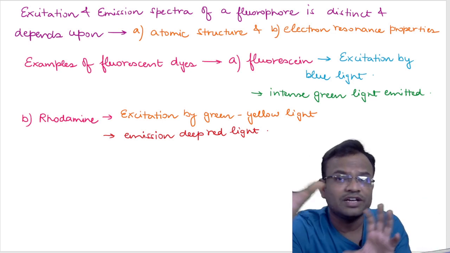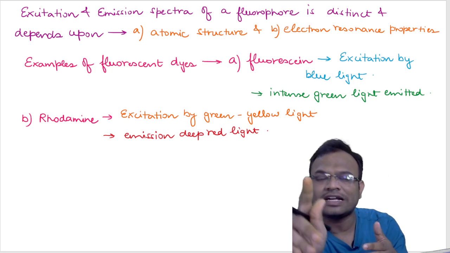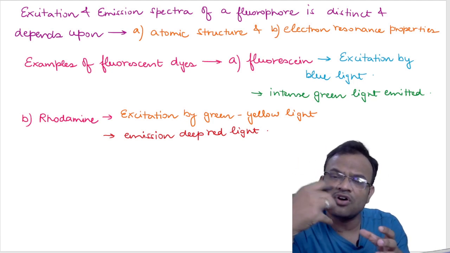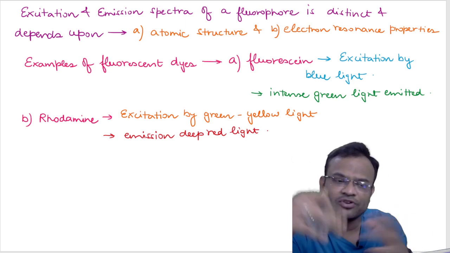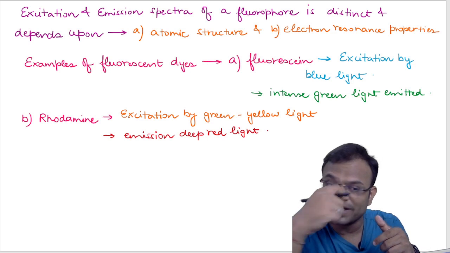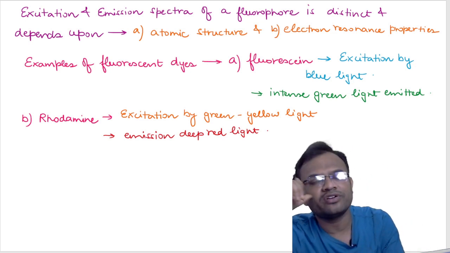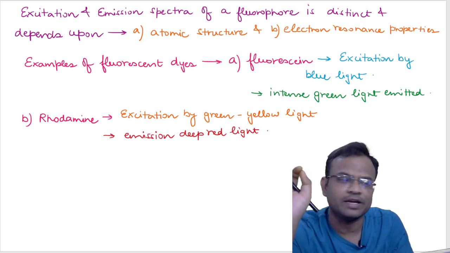Both are different for different fluorophores. And what do they depend upon? They depend upon the atomic structure and electron resonance properties of that fluorophore. Atomic structure means how many electrons are present and how many orbitals there are, plus the electron resonance properties are also factors on which these two things depend.